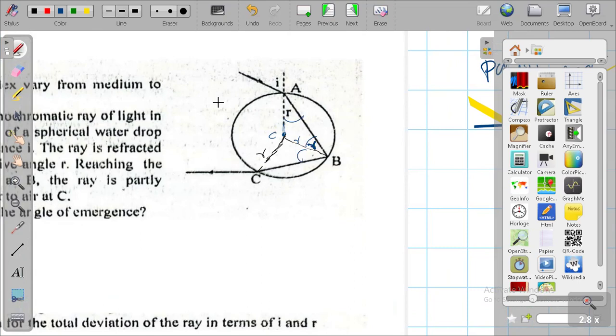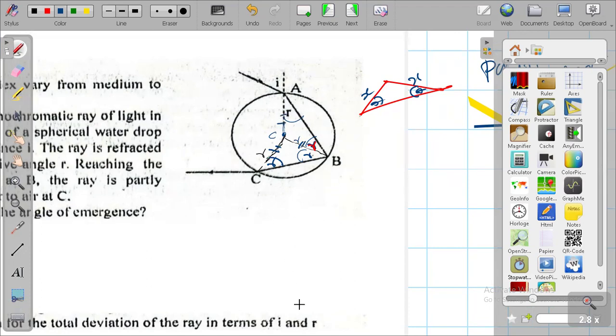Let me use a different angle. The same way, it's called an isosceles triangle. If this is x, this is x; if this angle is theta, this angle again becomes theta. Okay, year 10 mathematics. This angle will also be R because of the isosceles triangle.